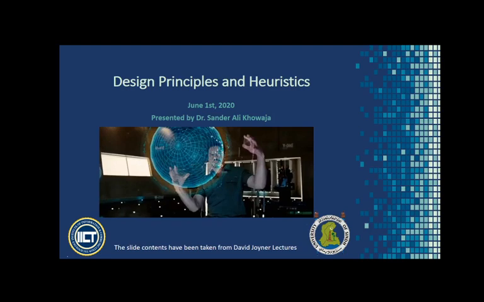We have gone through feedback cycles, that is, what is the importance of feedback in our interfaces. We have gone through HCI design principles and other stuff. So today we are going to talk about design principles and heuristics. And please let me know if you have any problem with my last lecture, so we can also discuss that in our live sessions. So let's start.